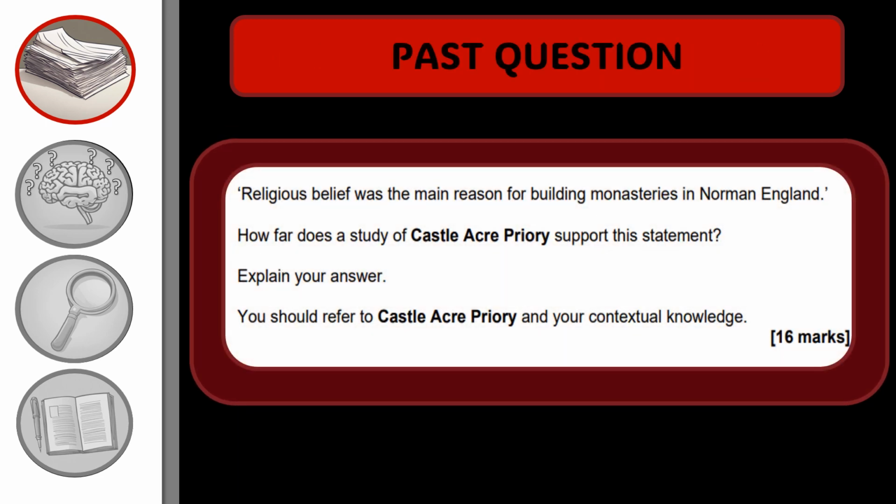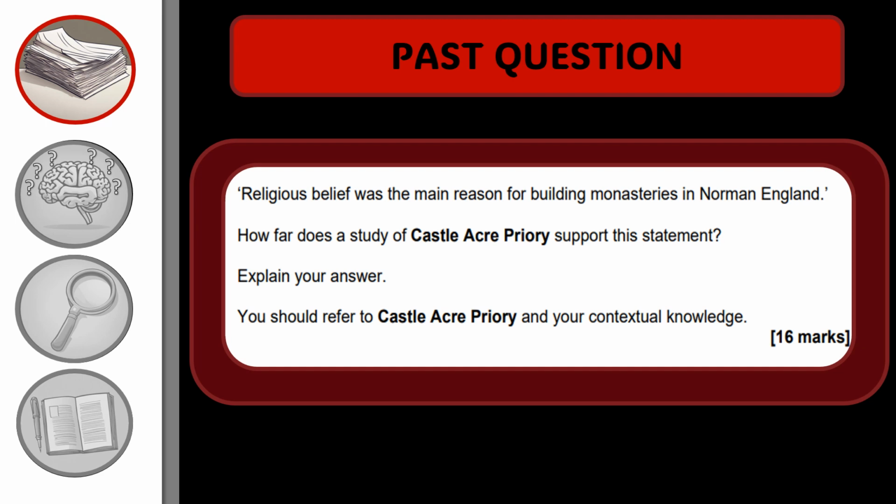Right, now we've talked about the mark scheme, let's have a look at some past questions. You can see from this one, there's always some type of statement, and then it will always say, how far does a study of the site support this statement? Explain your answer, refer to the site and your contextual knowledge.